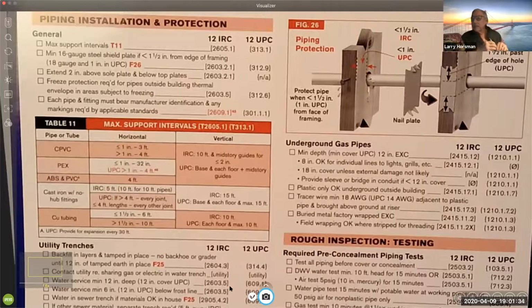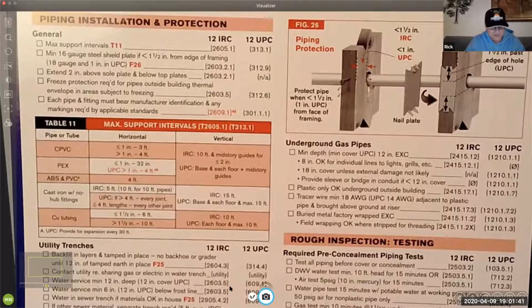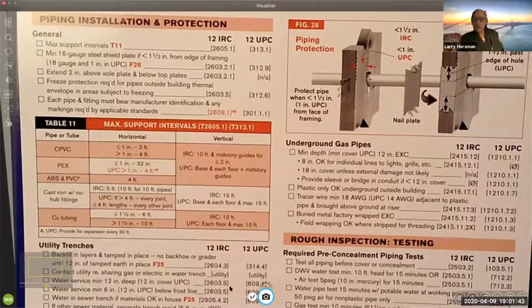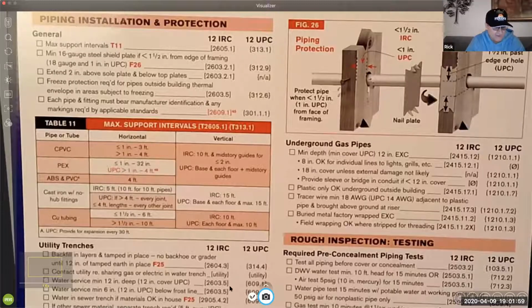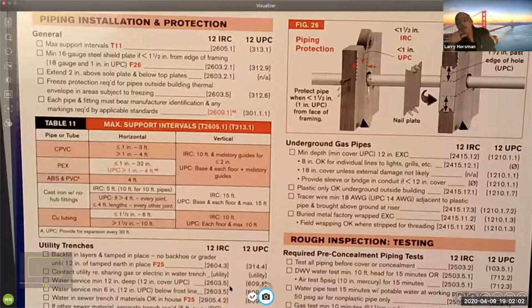Table 11 is there. That's for maximum support intervals for different types of pipe material, horizontally and vertically. I don't know if you have the same table numbers in your book. Table 11 for the max support, yeah. Okay, so the first column is the material.